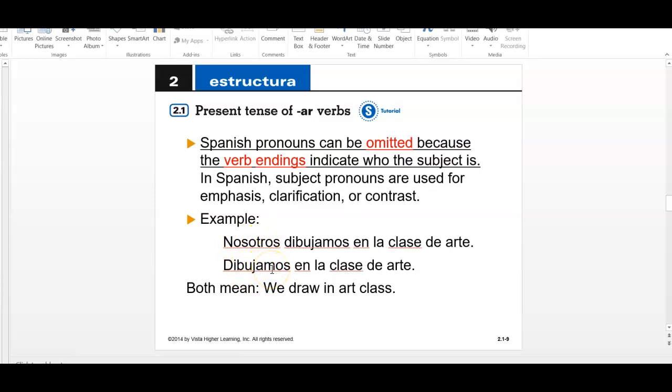Okay, but both of these sentences mean we draw in art class. Okay, because of the ending AMOS, I know that whoever is speaking is talking about we. Okay, if I say yo dibujo, I know because of the O that I'm talking about I. Okay, so you can write a sentence with or without the pronoun.